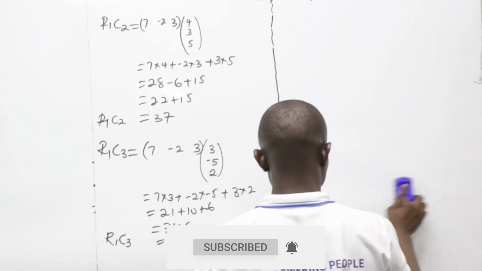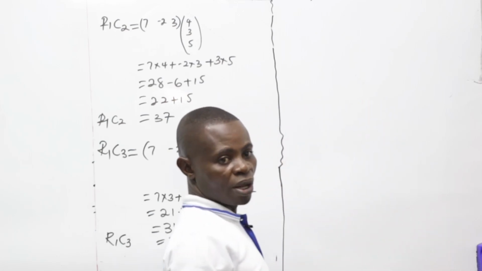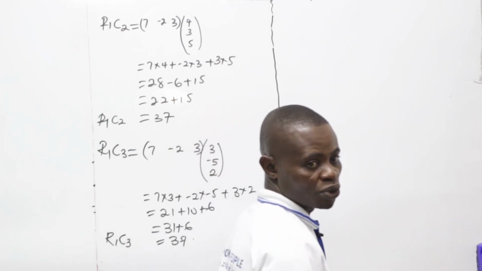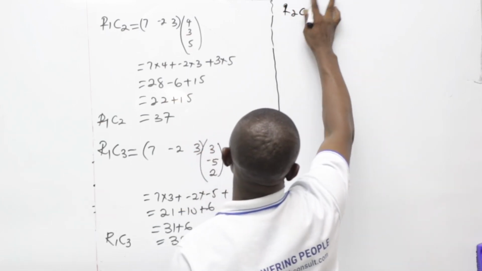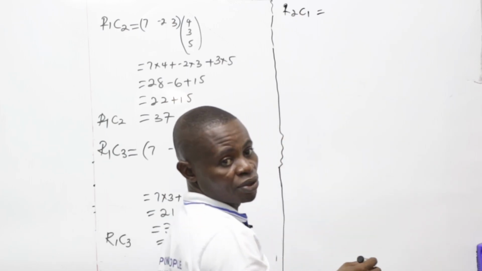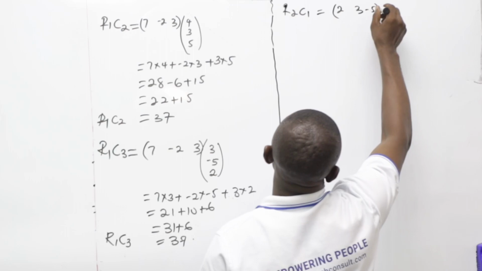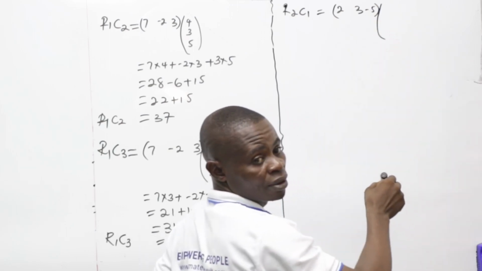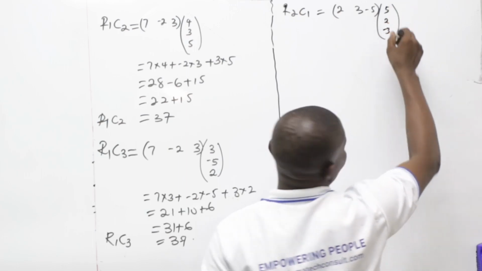That is row 2, column 1. Row 2, column 1. R2C1 equals, what's our row 2? 2, 3 minus 5 against column 1, which is 5, 2 minus 3, okay?